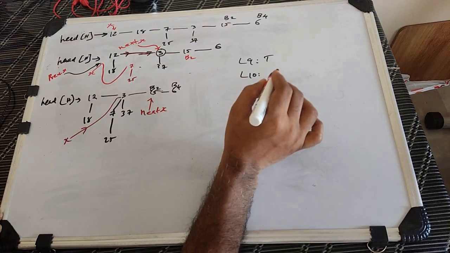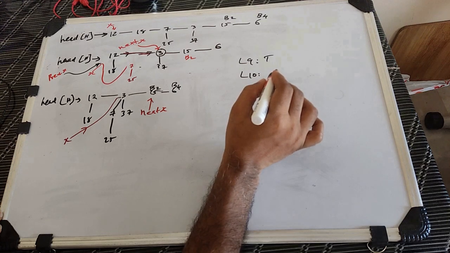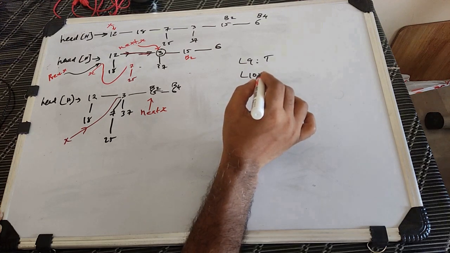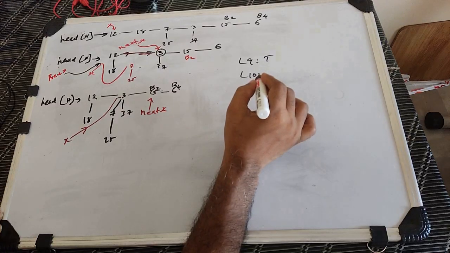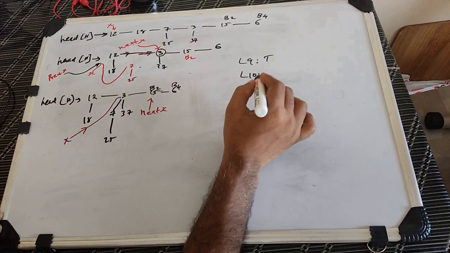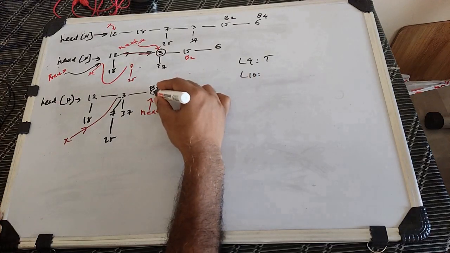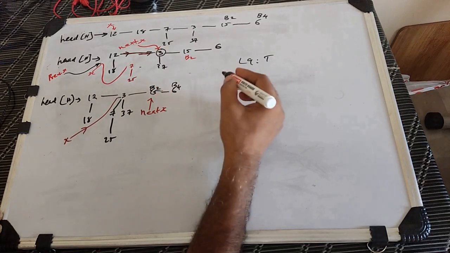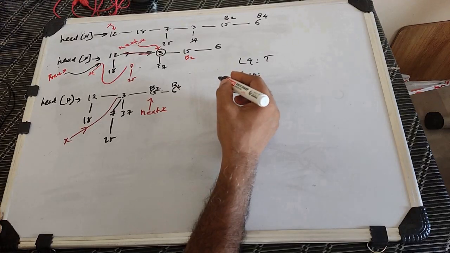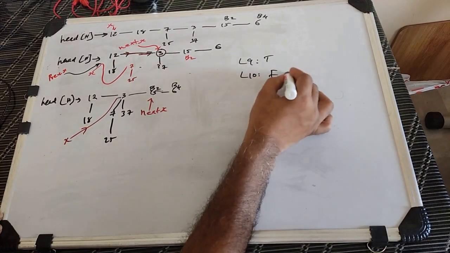If degree of x not equal to degree of next x, degree of x is 2, not equal to degree of next x. 15 is a B2, so degrees are same, so not equal to, this is false.